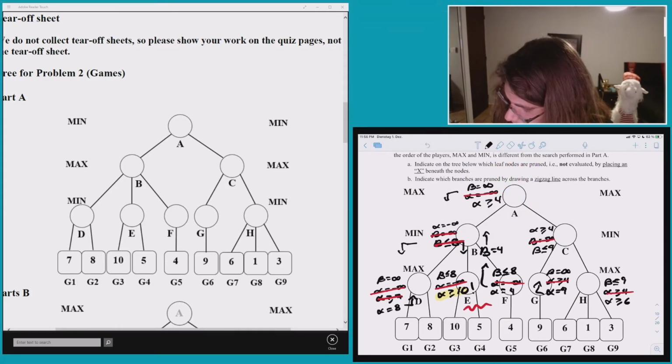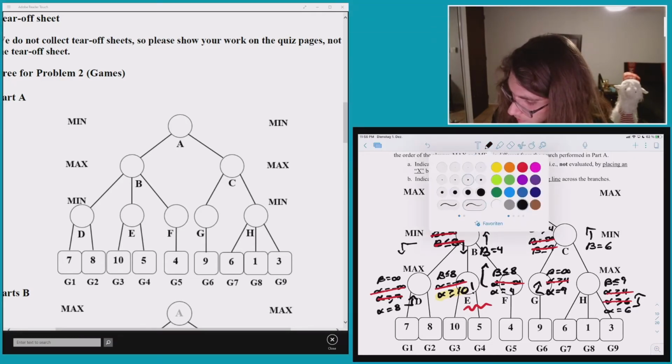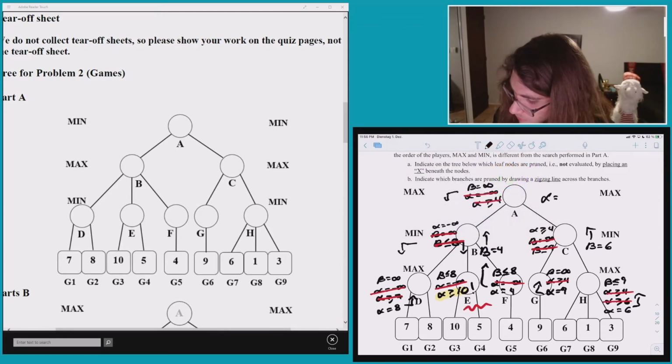Alpha is greater than or equal to 6. And I evaluate the 3, the one at G8, the 3. And it's finalized that alpha is equal to 6. That is handed back up. And that also means that beta is equal to 6 at the top level. And that in turn is handed up once more. And then alpha takes a final value of 6.